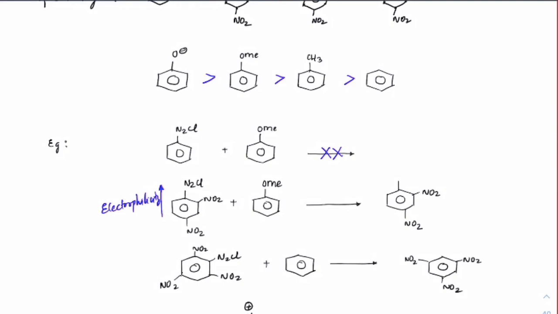So this time I will definitely get a product, N double bond N connected from the para side of OMe. This will be the diazo product: N double bond N with alkyl or aryl groups on both sides is called diazo.